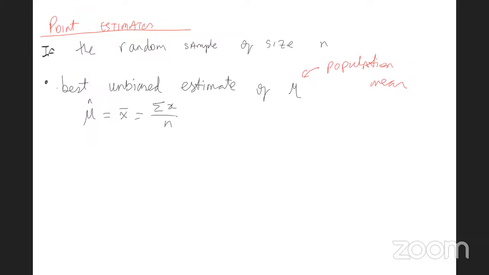Let's say you want to get it for variance now. Suppose you want to get the best unbiased estimate of sigma squared. You know what sigma squared is, that is your population variance.